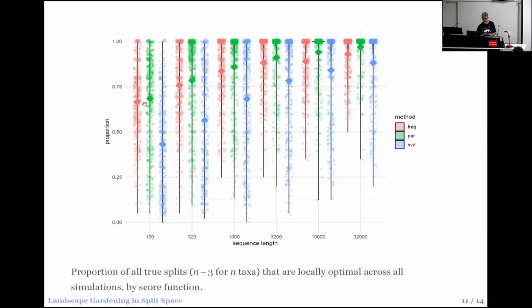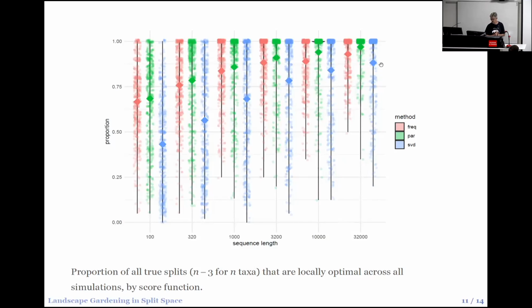The pink one is the frequency based, the green one is parsimony based. Parsimony ends up doing the best, and SVD was disappointing because although they all increased, it wasn't quite as good as the naive methods. It just goes to show. Never can tell with these.